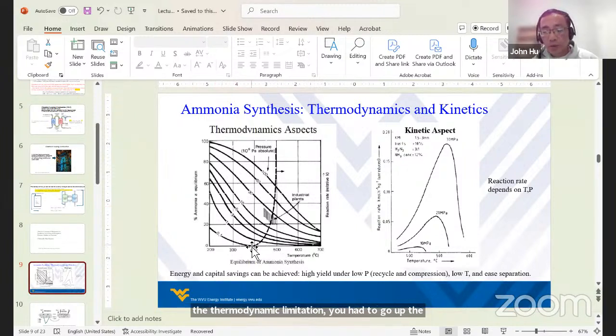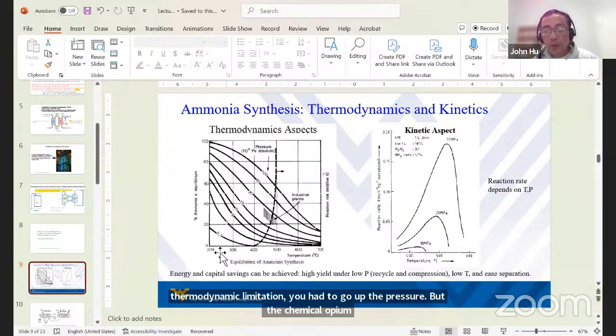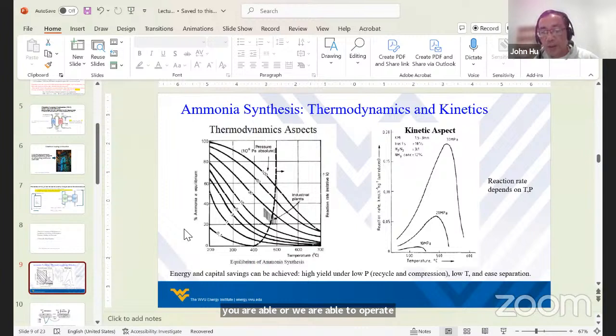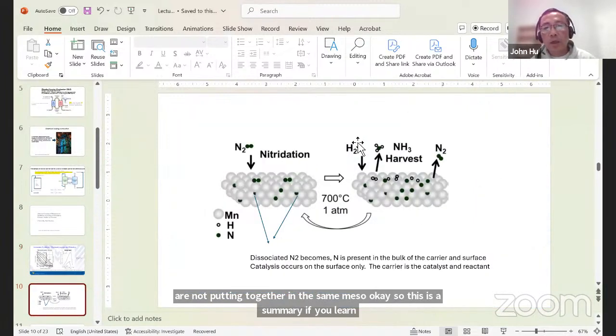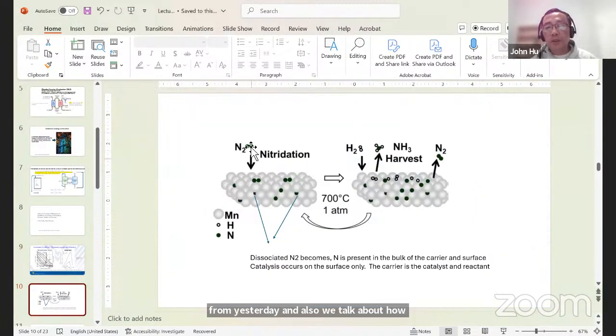But with chemical looping, we are able to operate at ambient pressure because chemical looping is not subject to equilibrium control. Hydrogen and nitrogen are not put together in the same vessel. This is a summary of what you learned yesterday. We also talked about how you activate N2, called nitridation.